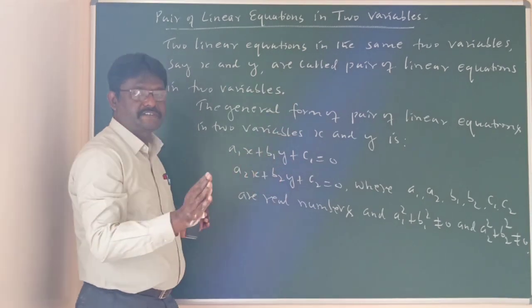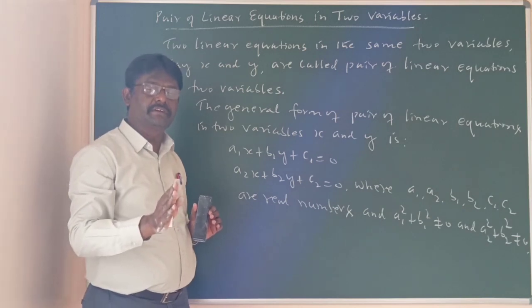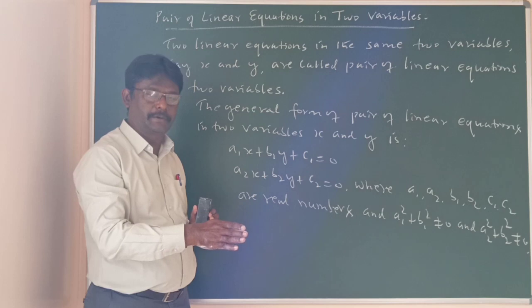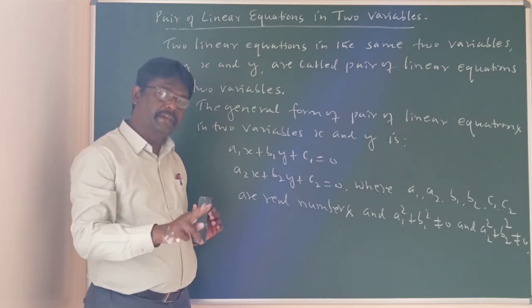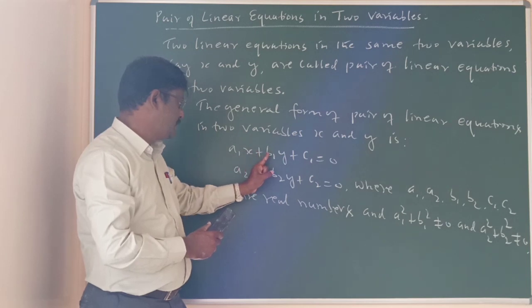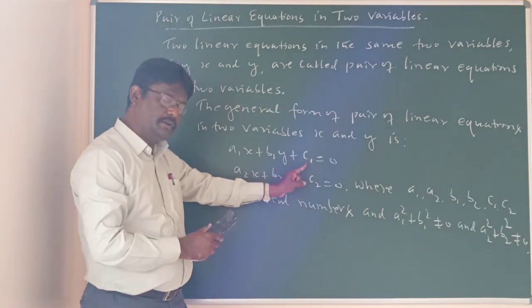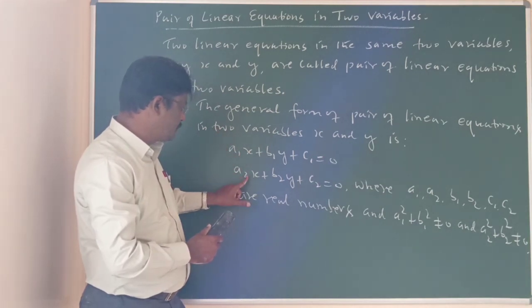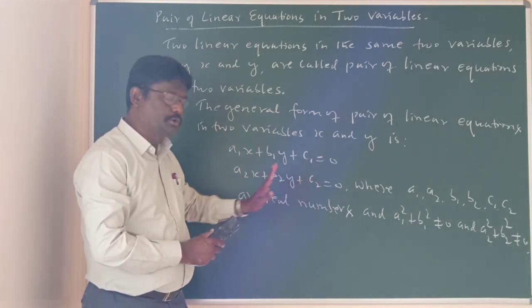If it is just a linear equation in two variables, it is ax plus by plus c equal to 0. When the term pair comes, we use subscripts. a1x plus b1y plus c1 equal to 0 is the first one in the pair. In the second, a2x, b2y, c2.